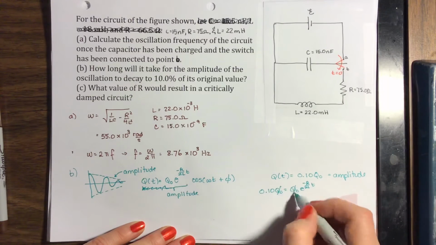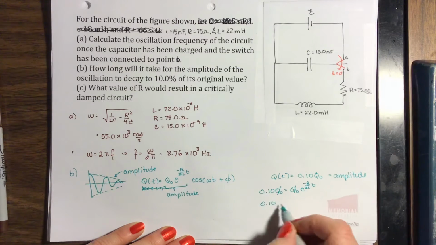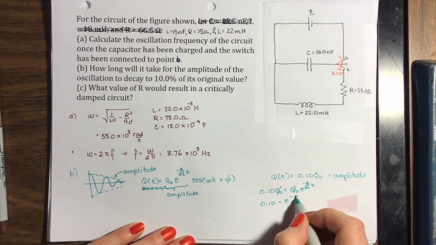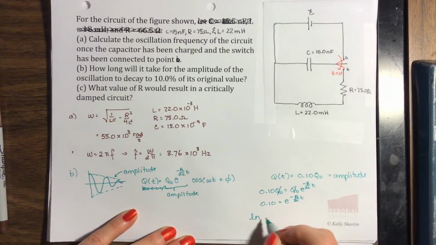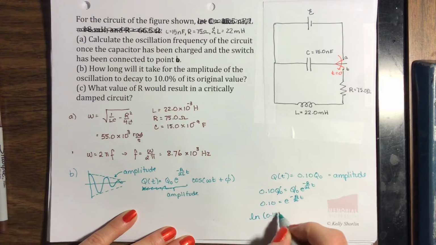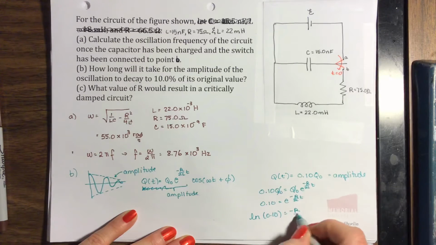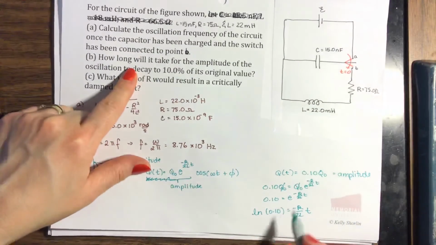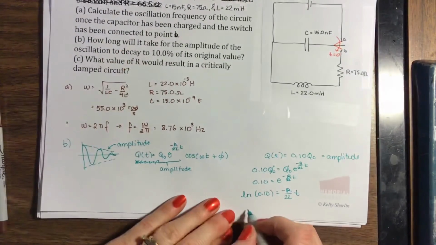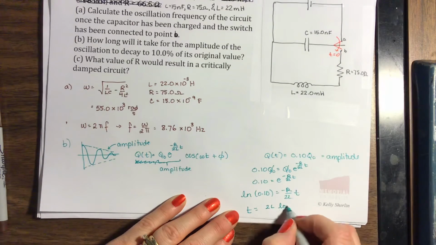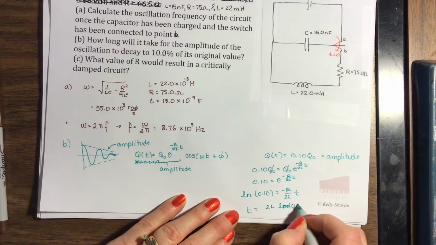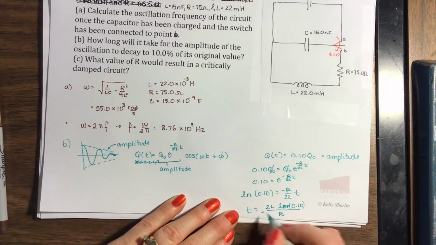Our Q0's cancel. We've got 0.10 equals e to the minus R over 2L times t. Take the natural log of both sides. And it asks how long, so we're solving for t here. T equals 2 times the inductance times the natural log of 0.10 divided by the resistance R.